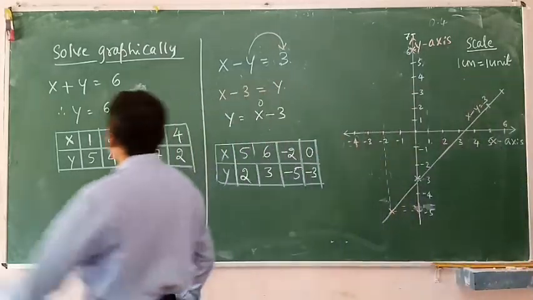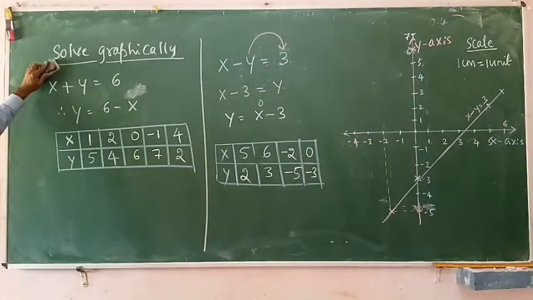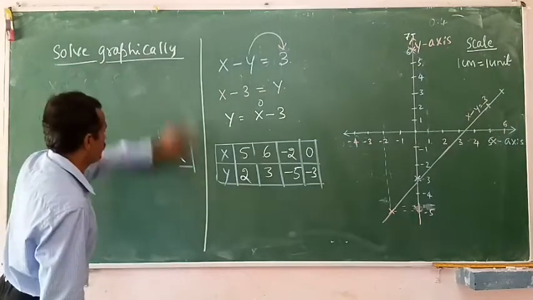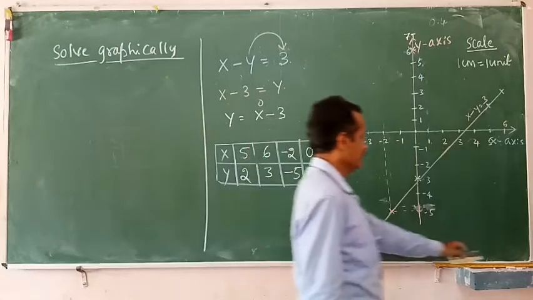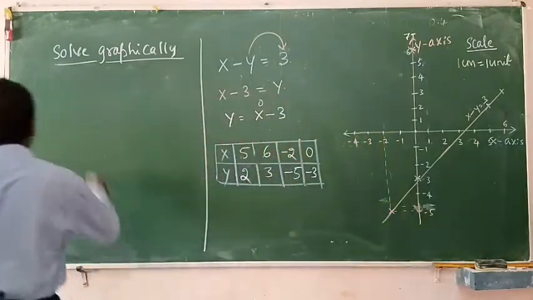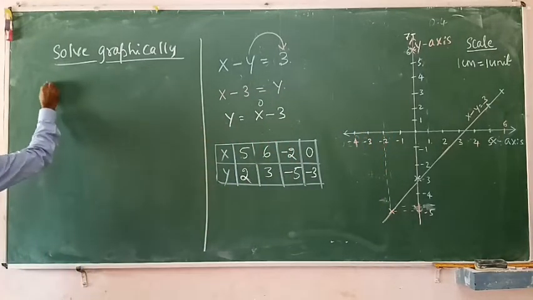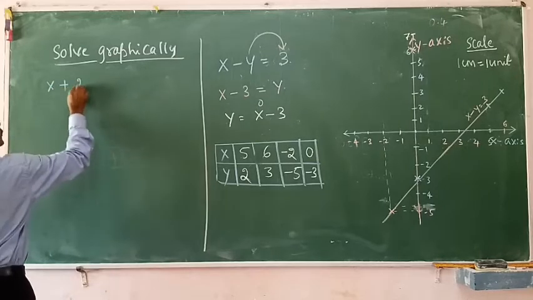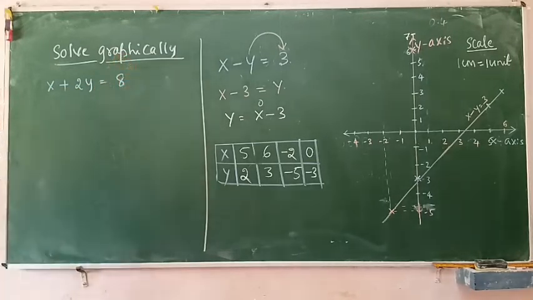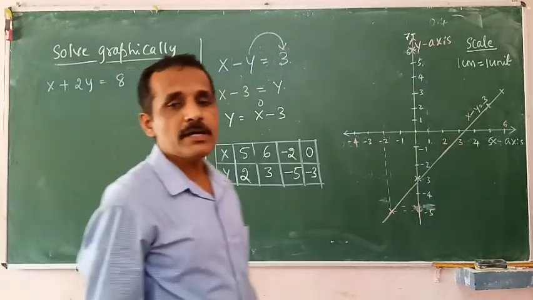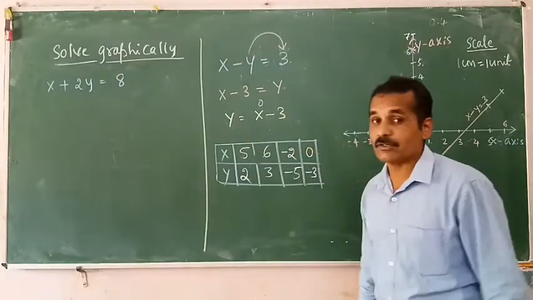Let me go for one more and the last. I can say x plus 2y is equal to 8. X plus 2y is equal to 8 is my next equation.